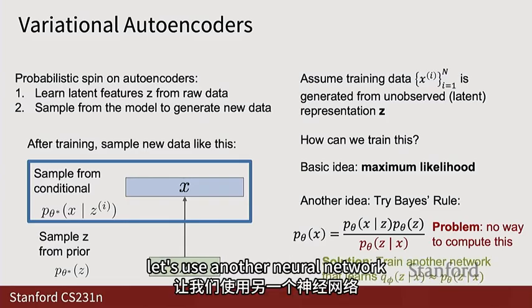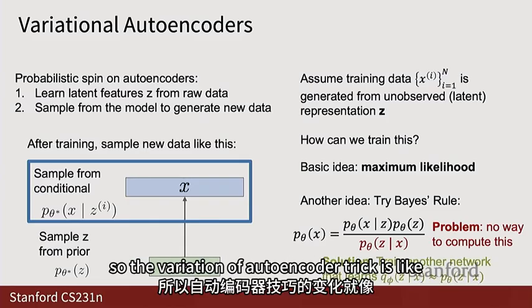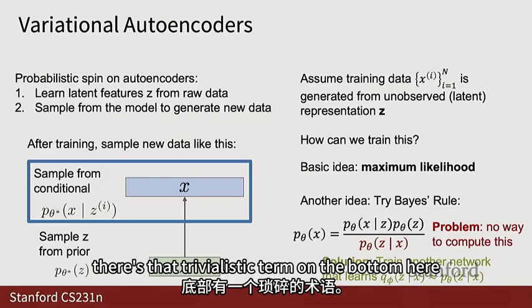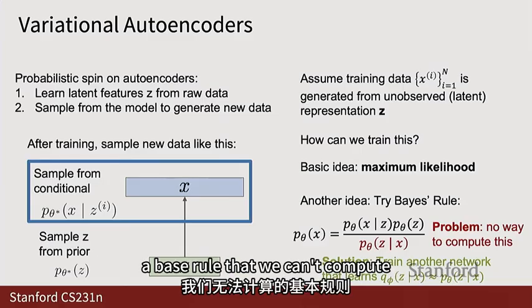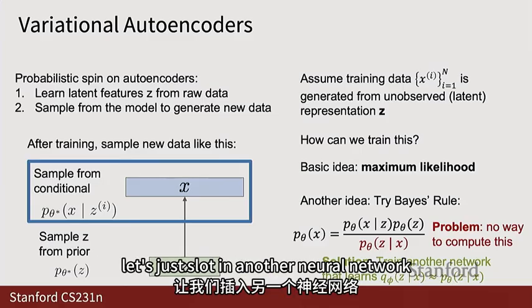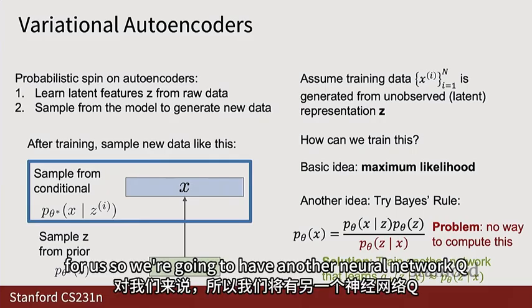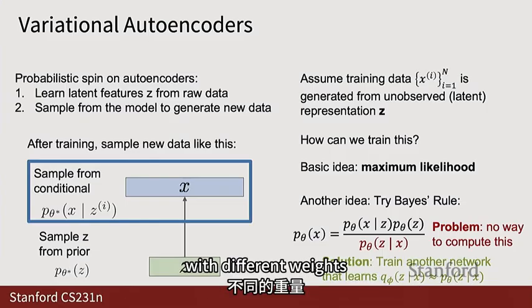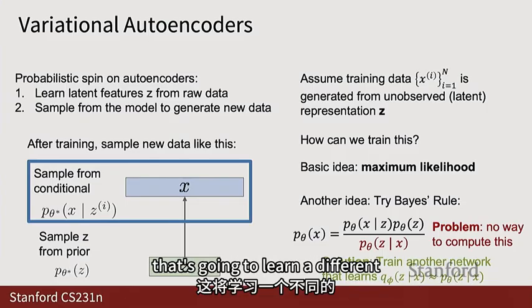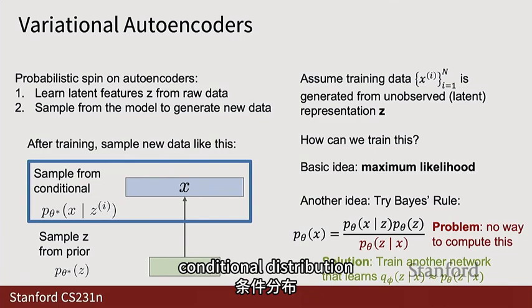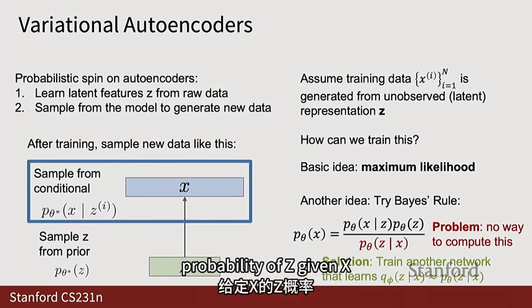What are we going to do? Okay. Let's use another neural network. So the variational autoencoder trick is there's that probabilistic term on the bottom here, in Bayes rule, that we can't compute. Let's just slot in another neural network to try to compute it for us. So we're going to have another neural network q with different weights, phi, that's going to learn a different conditional distribution, probability of z given x.